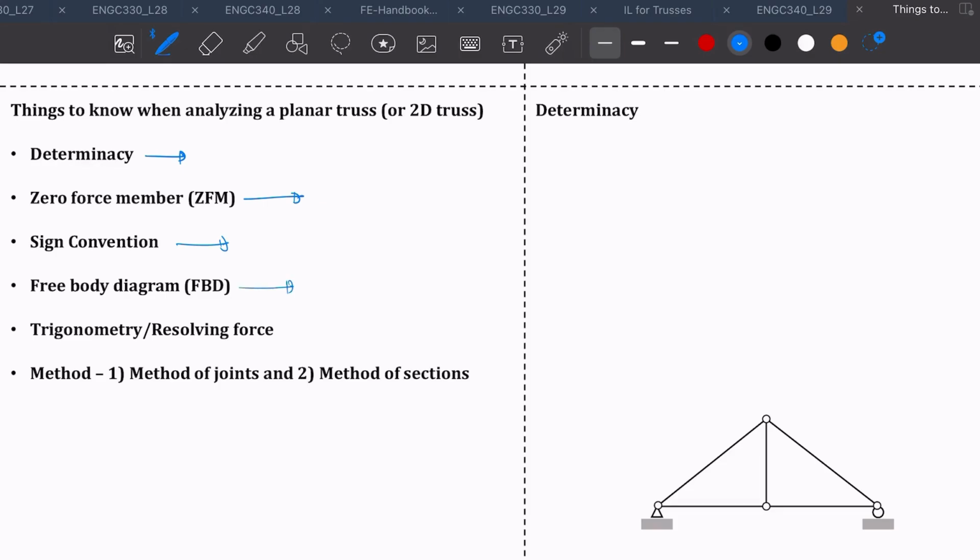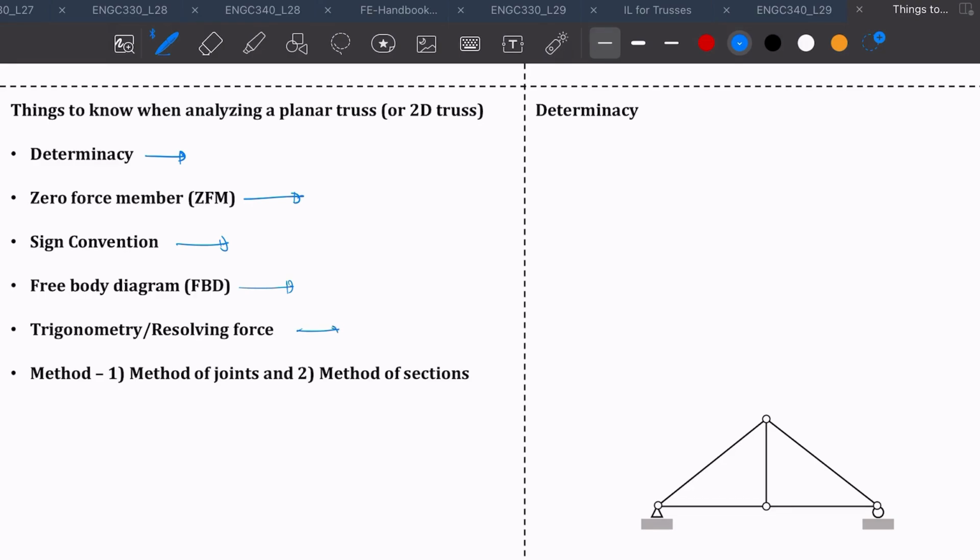Drawing the free body diagram is very important in engineering, because it helps you to understand how the forces react, or what the forces acting on each truss member are. So drawing the free body diagram ties in very well with knowing the sign convention. Without knowing the sign convention, you make a mistake in the free body diagram.